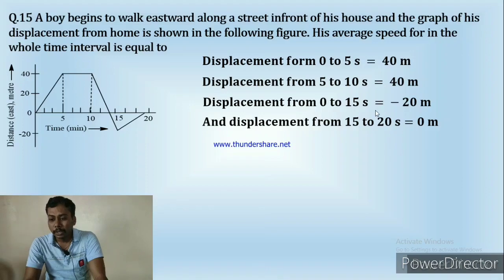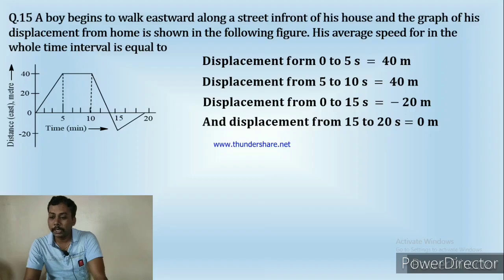So here note down one thing, that time is in minute here. It is a correction, that time is in minute, not in second. So sorry for that, second is printed here, but here it is minute. So in first 0 to 5 minute 40 meter is there.